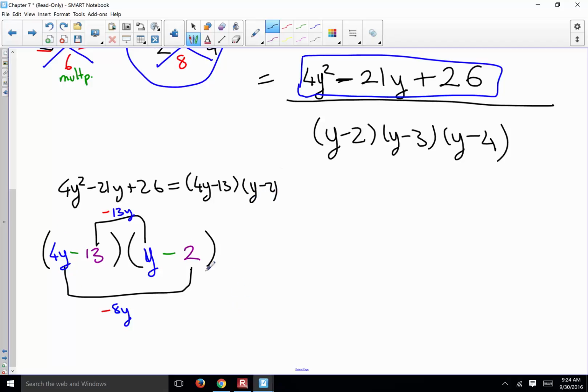Okay, if you can never guess the right pairs, what other method can you use? What is it called? AC method. Do AC method. You multiply 4 and 26. That's 104. Try to find two numbers that, when you multiply, make 104 and add to minus 21.